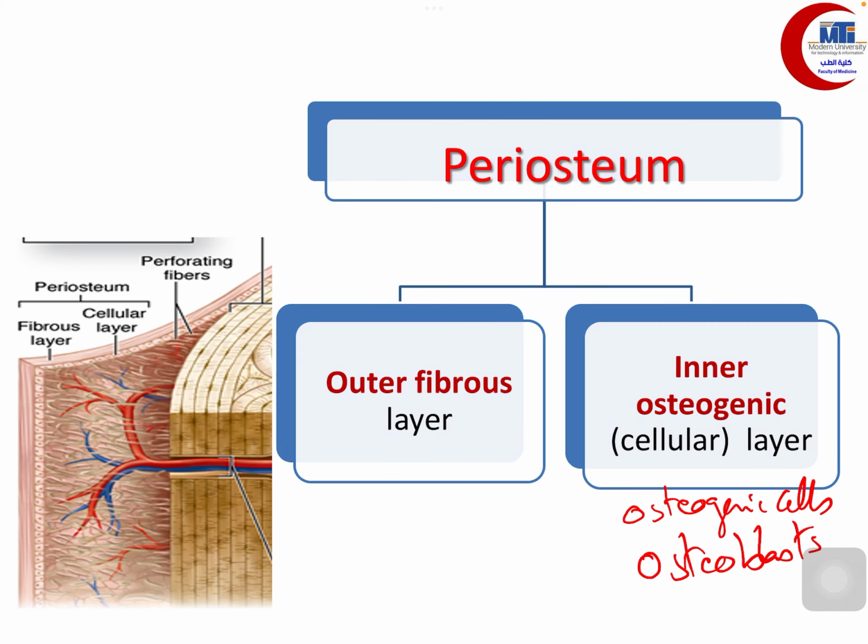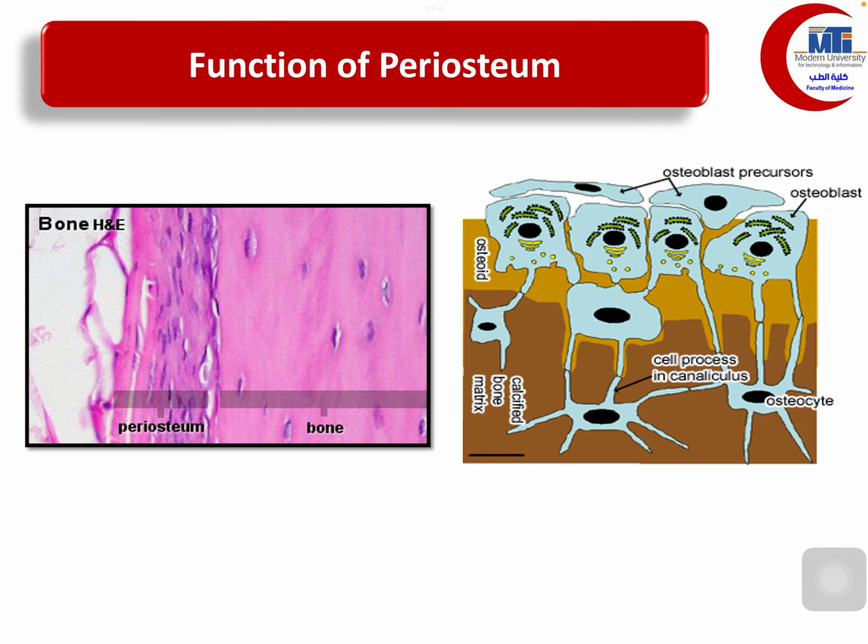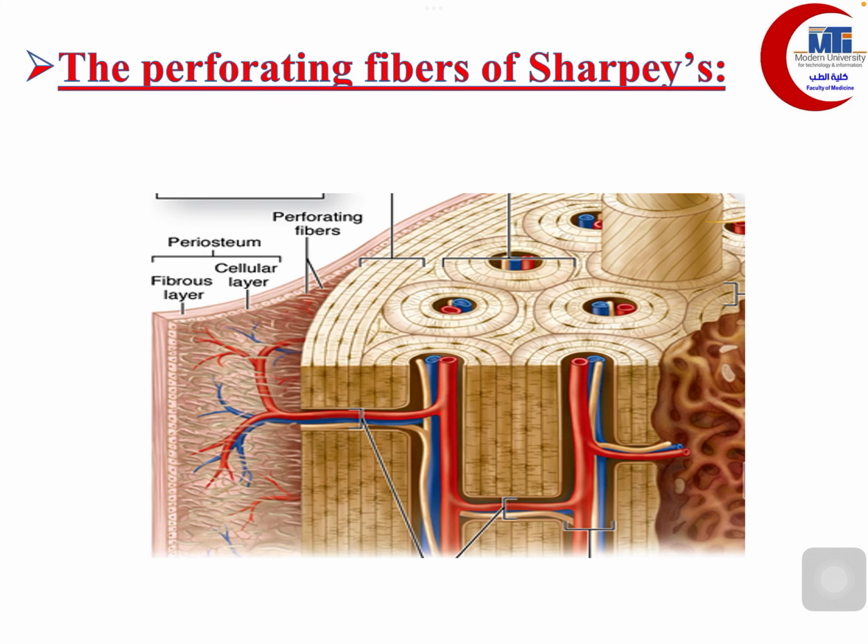So, what is the function of the periosteum? It contains the blood capillaries and the osteogenic cells, so it helps in nourishment of the underlying bone tissue, and also in the formation of new bone, which is osteogenesis, healing and repair, and the growth of the bone tissue. That is the importance of the periosteum.